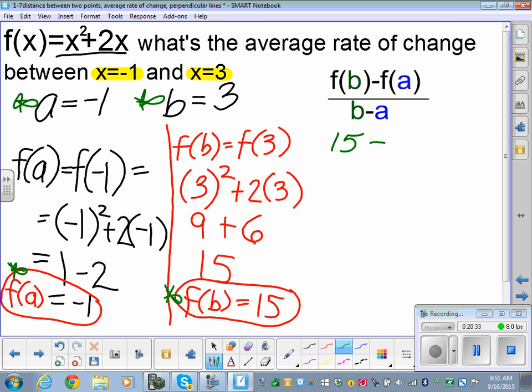So now I'm going to look at f of a. What was it? -1. So minus -1. Does everybody see how that's f of b minus f of a? Yes or no? And that's all over b minus a. So I'm going to write b. It's 3 minus, now look at a. -1. Does everybody see how that's b minus a?